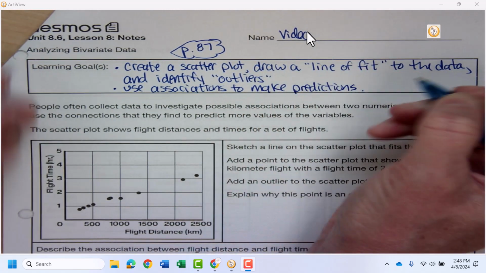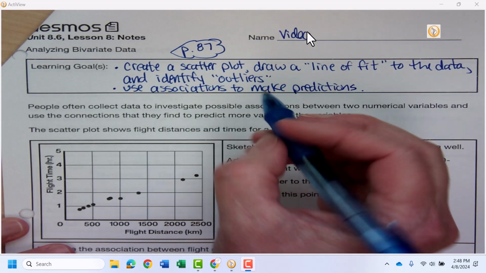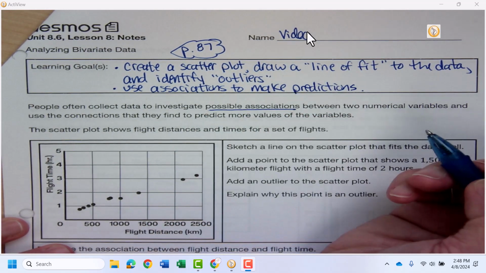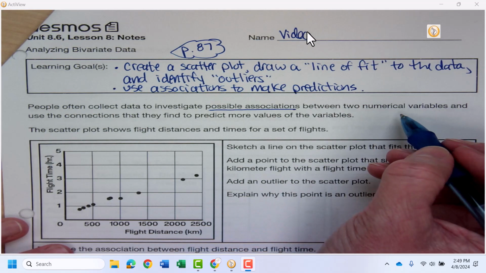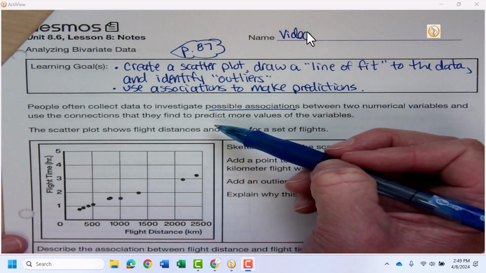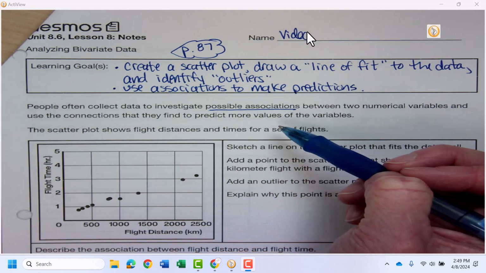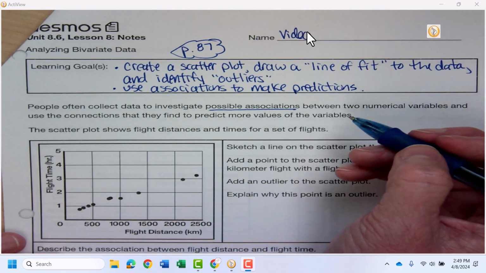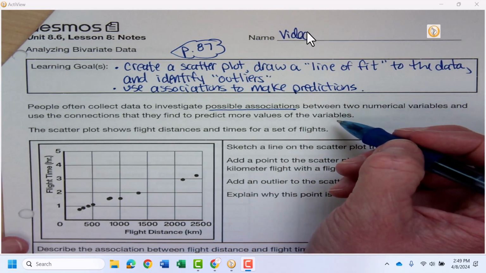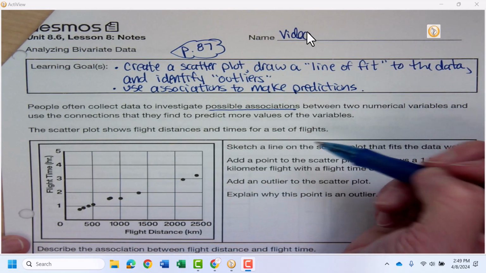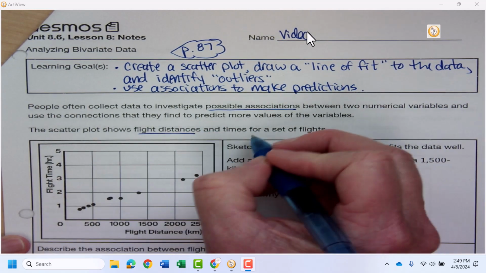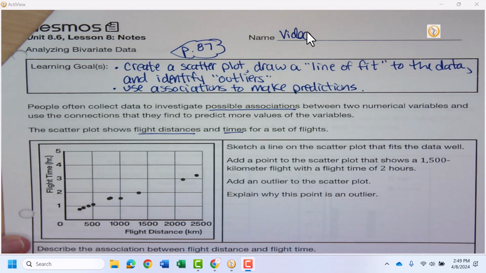People often collect data to investigate possible associations between two numerical variables and use those connections to find and predict more values based on what they've seen so far. So here we have a scatter plot that shows two things, flight distances and flight times for a set of flights.